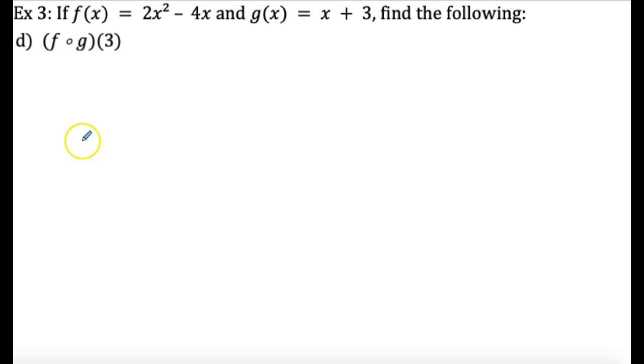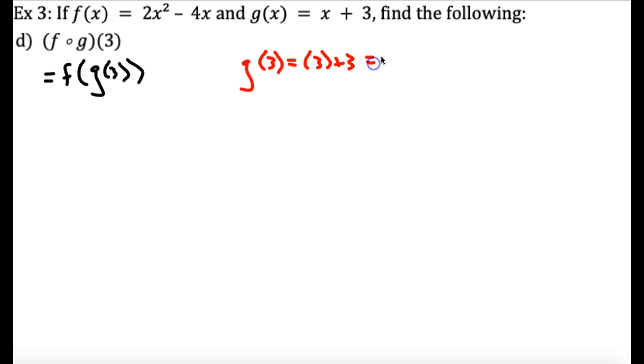Okay, you guys try that here. So this means f of g of 3. So evaluate g of 3 first, and then plug that value into f. All right, so come off to the side here. g of 3 is going to be 3 plus 3, so that's 6.